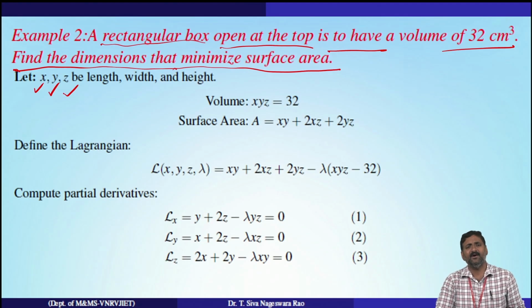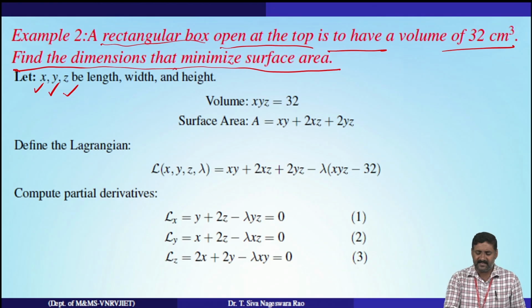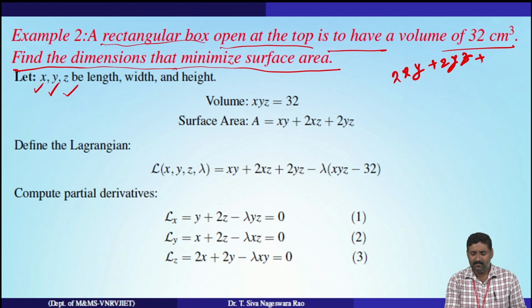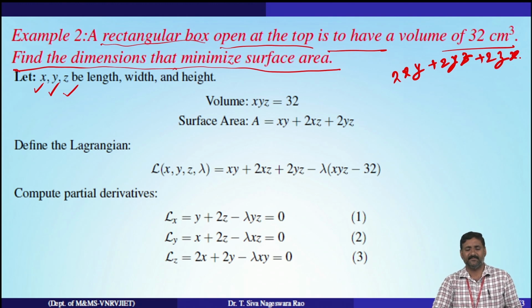If you take the area of each face, it looks like a rectangle. Therefore area is length into breadth. So if you take all 6 faces, the surface area is 2xy plus 2yz plus 2zx. This is the total surface area.